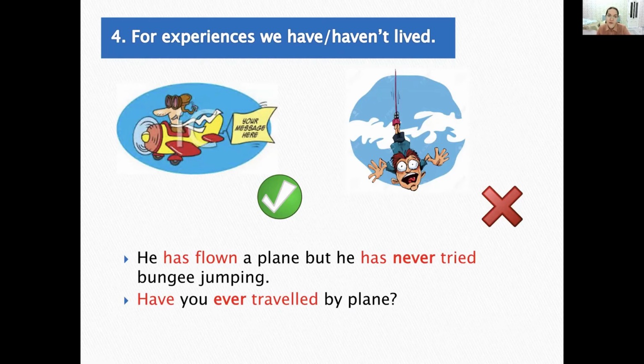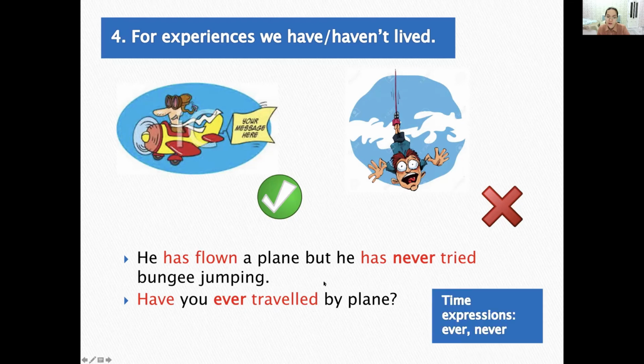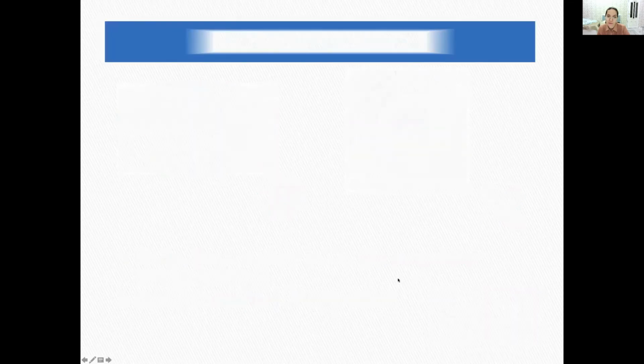So here, present perfect tense, the forms has flown, has never tried. In the second example, have you ever traveled by plane? It is a question sentence. Have and ever, the same expression, then traveled. Same expressions here, ever and never.